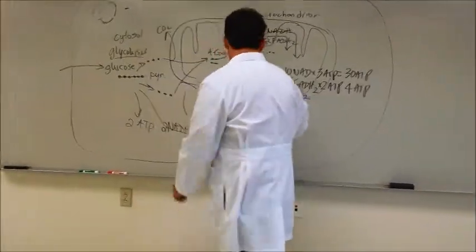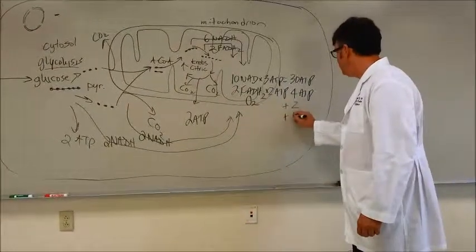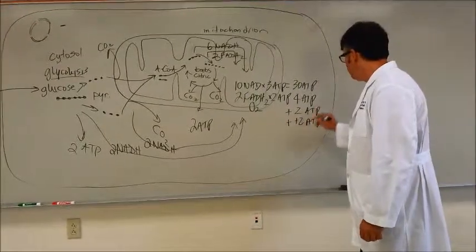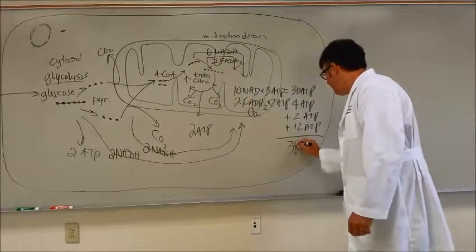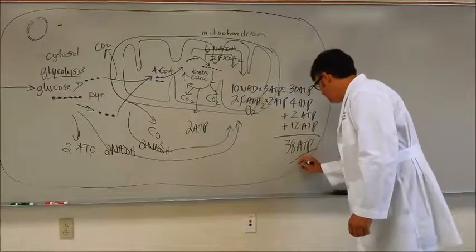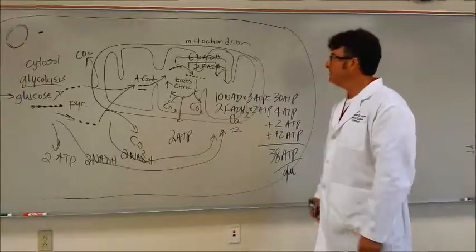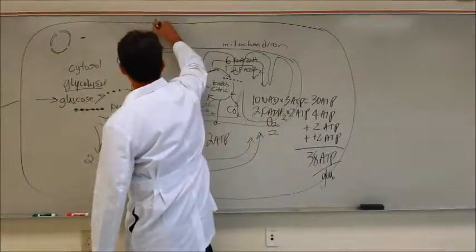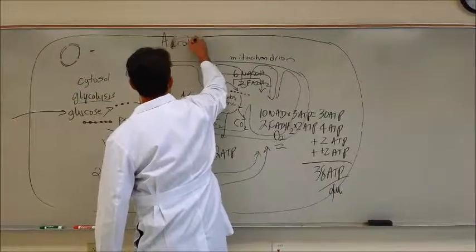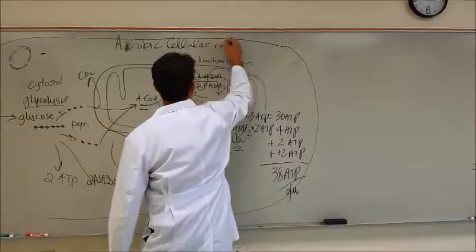This 2 added to this 2 makes a total of about 30 ATPs generated for 1 molecule of glucose when you have enough oxygen. This would be called aerobic cellular respiration.